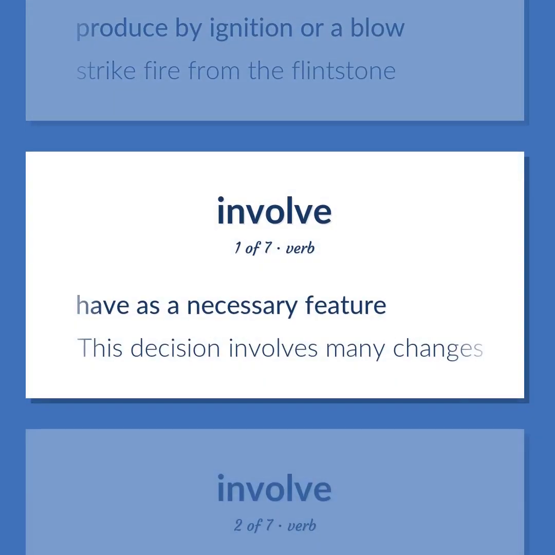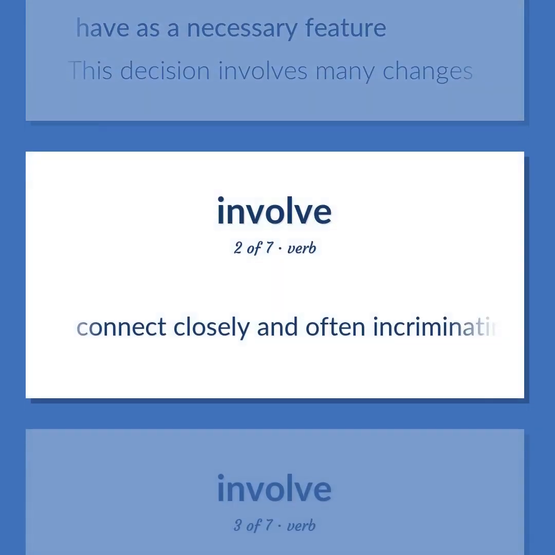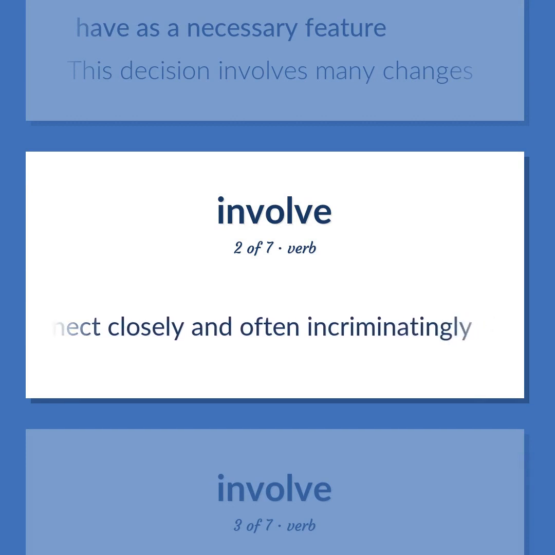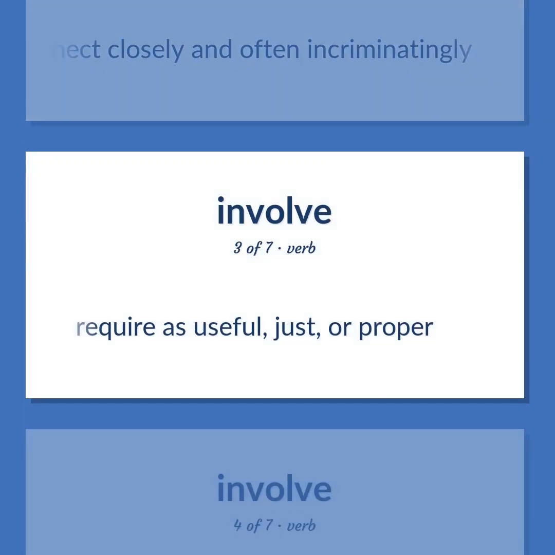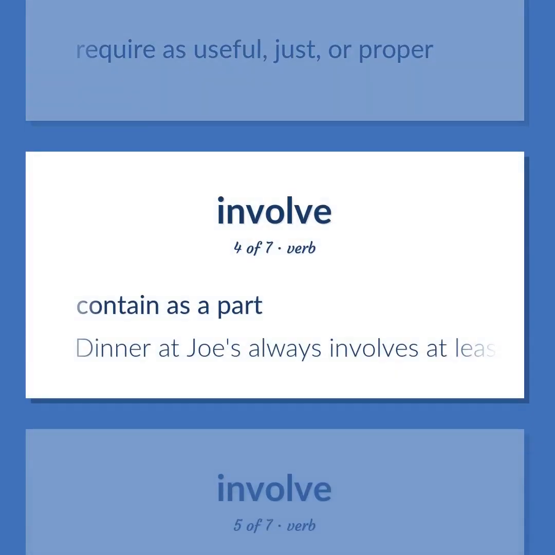Have as a necessary feature. This decision involves many changes. Connect closely and often incriminatingly. Require as useful, just, or proper. Contain as a part. Dinner at Joe's always involves at least 6 courses.